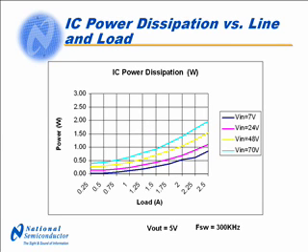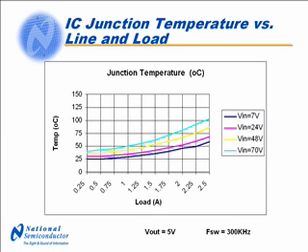Taking the previous graph and subtracting the power dissipated in the inductor, the diode, and the snubber leaves the power dissipated in the IC regulator. Finally, if we take the previous graph and multiply by the regulator's thermal resistance, theta JC, and add the measured case temperature, that'll leave us with a graph of the junction temperature versus line and load.